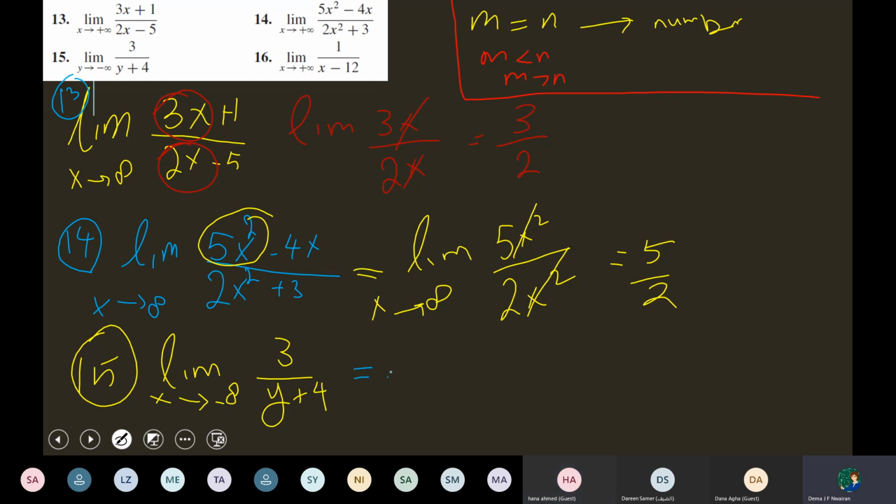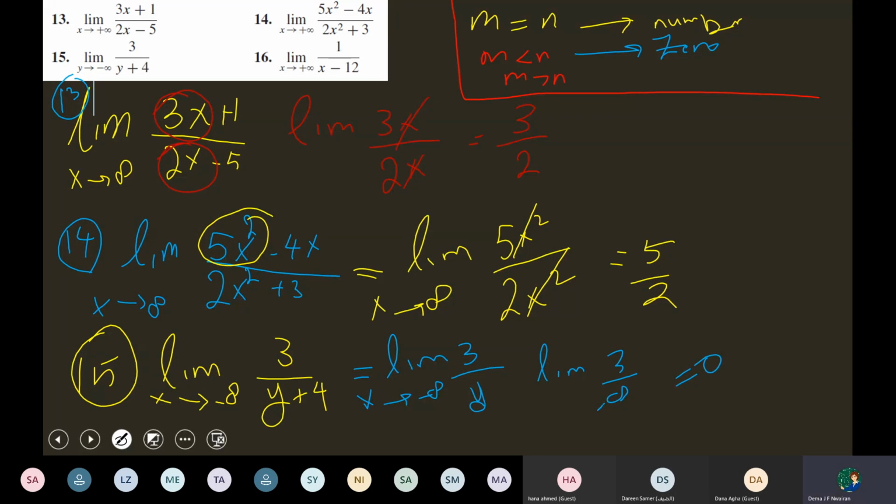It's 3. And the denominator, it is y. Then, as I told you, if the power m is less than the power n, what will be the answer? 0. Thank you. So here now it will be the limit of 3 over infinity or negative infinity, which is 0.